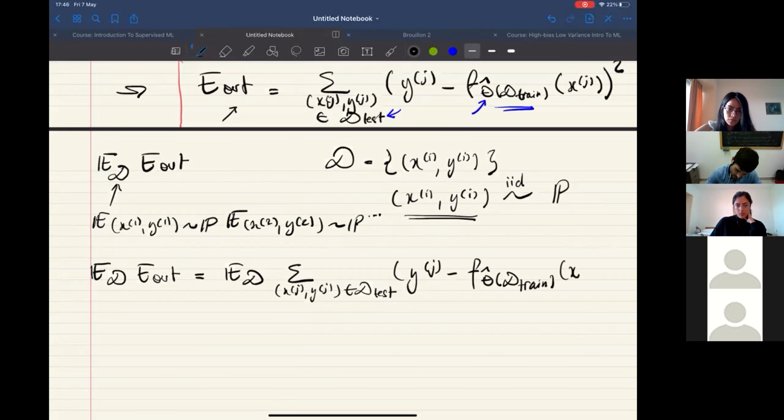And this is our prediction for the output according to our model. I will take the square loss, so the mean square error, a square cost.